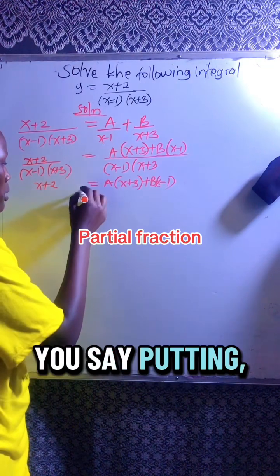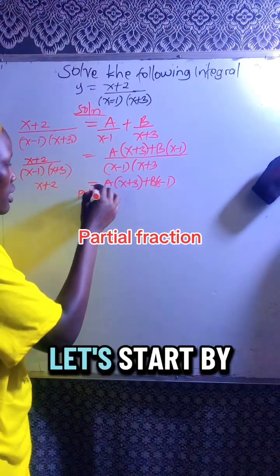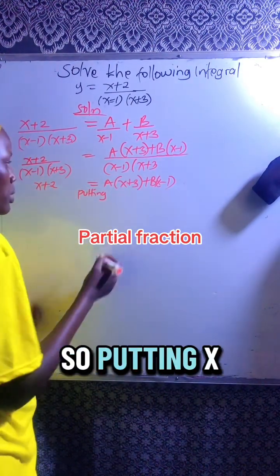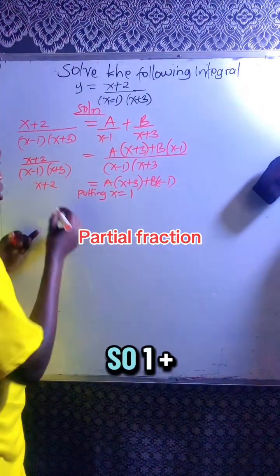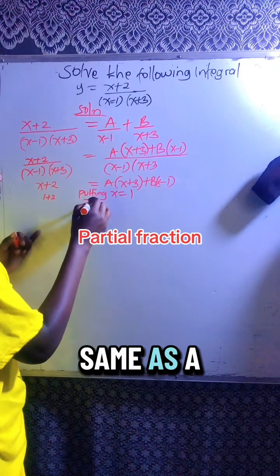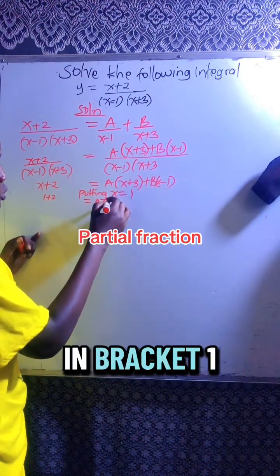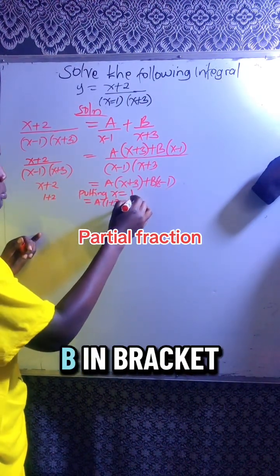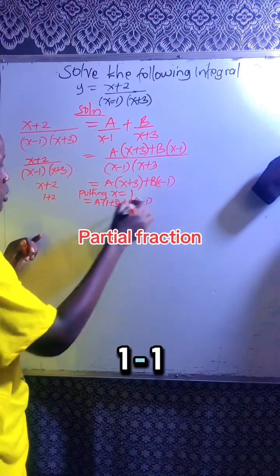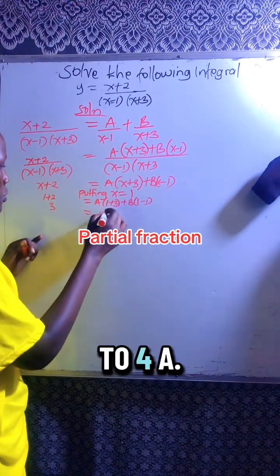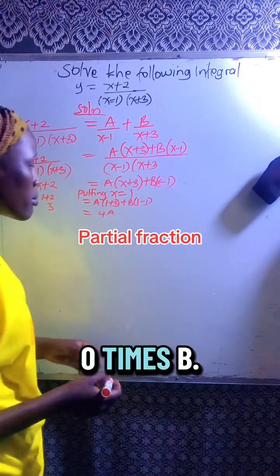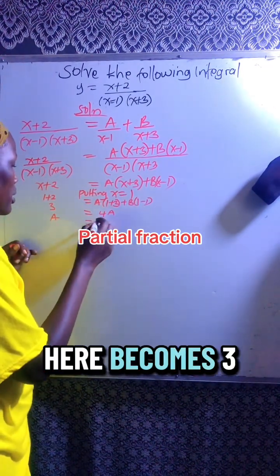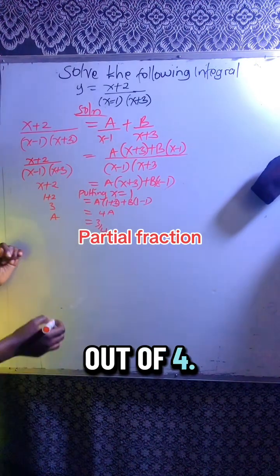Let's start by eliminating B. Putting x is equal to 1: 1 + 2 is the same as A(1 + 3) + B(1 - 1). 3 is equal to 4A, because 1 - 1 is 0, 0 times B. So our A here becomes 3 out of 4.